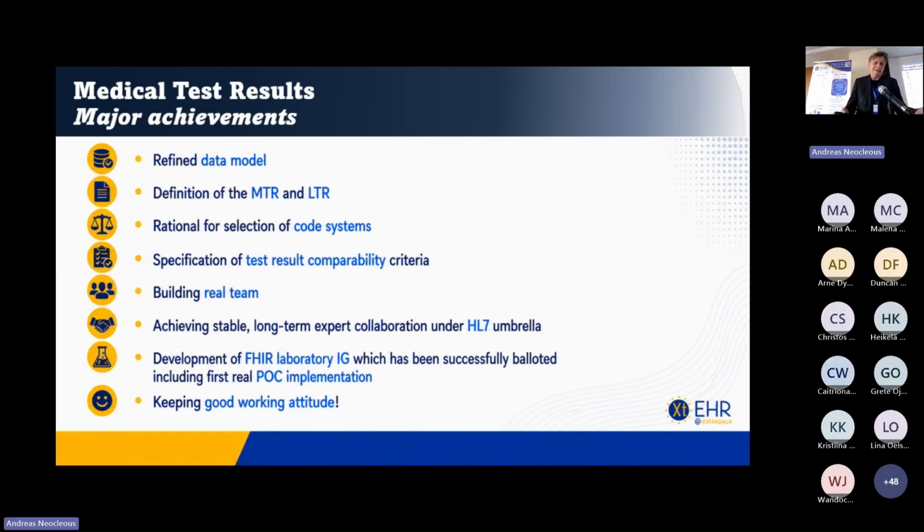And we were asked, what is the recommendation? We came up with a recommendation to use 3 code systems, and we created the rationale, the reasons why we think this is the way forward. That's one of the achievements that I am proud of.